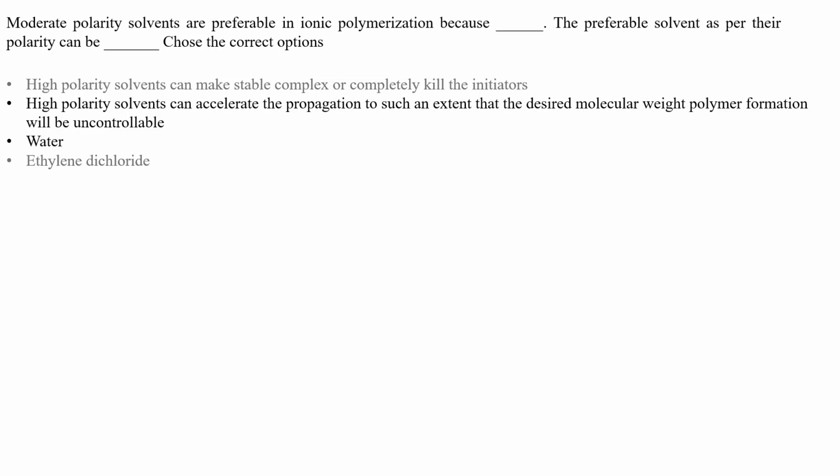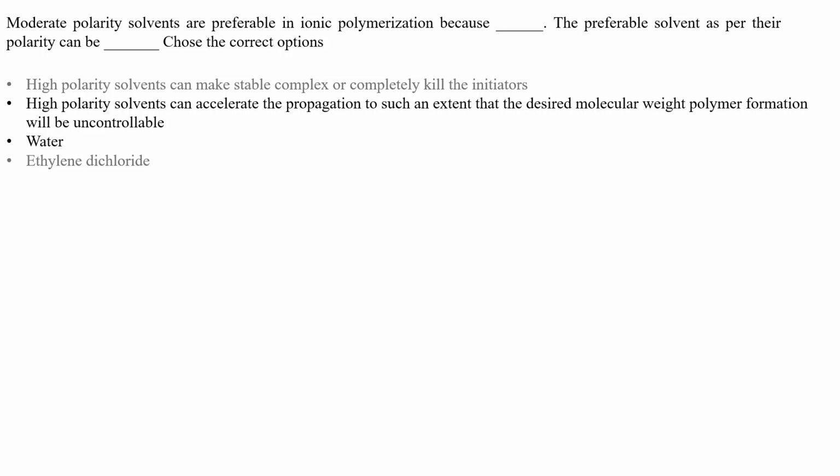First of all, the reason for choosing moderate polarity solvents is that high polarity solvents create a disbalance, and the initiation of the reaction is very fast because of high polarity solvents. But since they initiate the reaction faster, the initiated reactions can cause a mismatch with the propagating step.